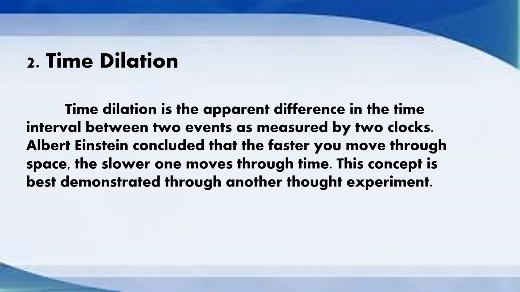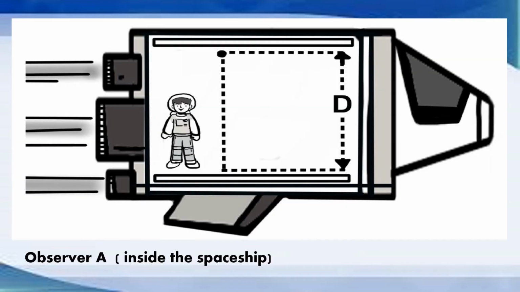Okay. So we have now the time dilation. Time dilation is the apparent difference in the time interval between two events as measured by two clocks. Albert Einstein concluded that the faster you move through space, the slower one moves through time. This concept is best demonstrated through another thought experiment.